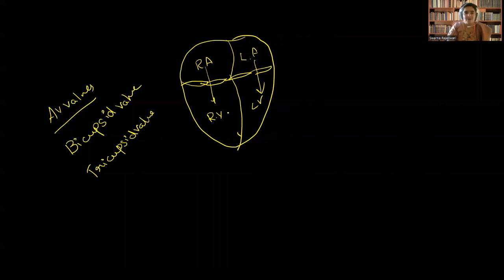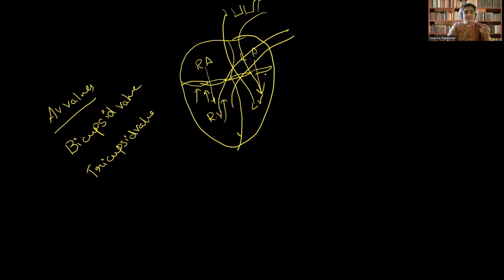So when the ventricles contract, the blood is sent outside through the aorta as well as the pulmonary artery. When the pressure in the ventricle is more, these valves immediately close again to prevent the backflow of the blood.